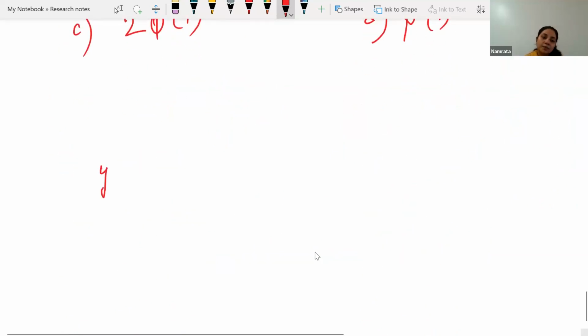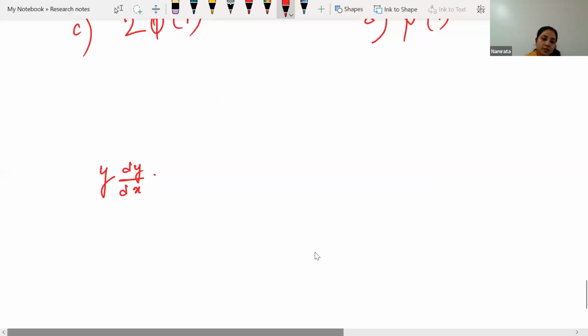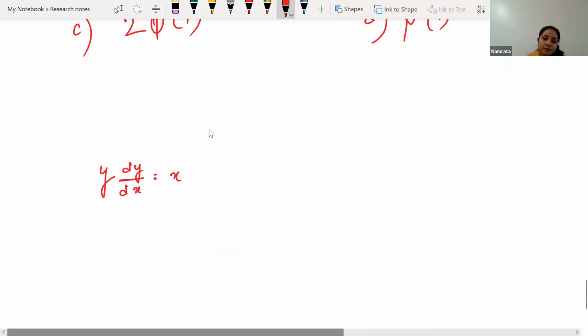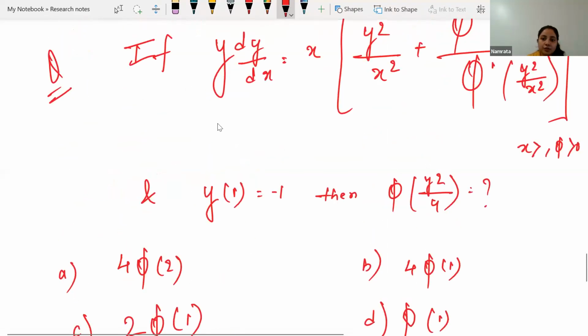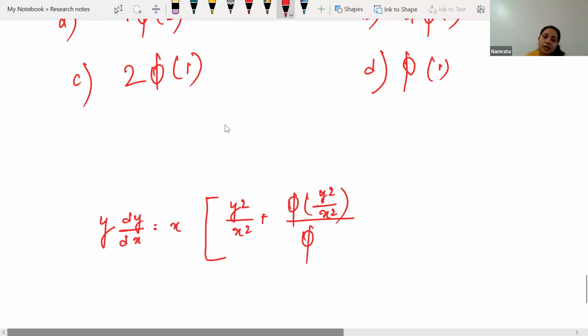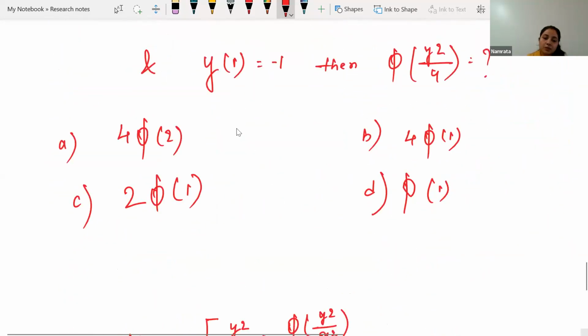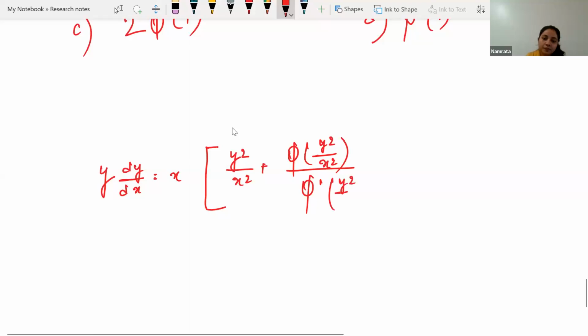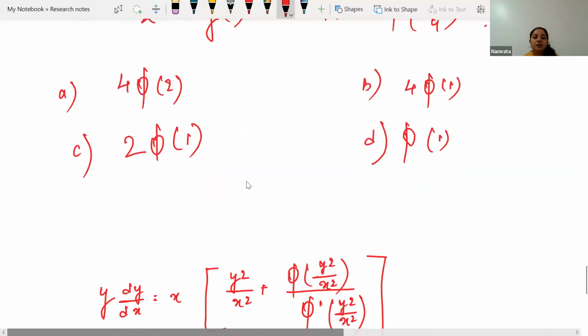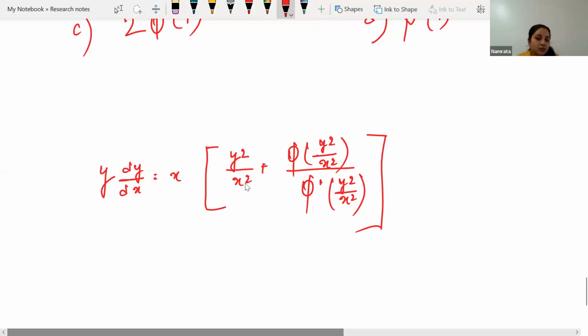So we have y dy dx is equal to x, y square by x square plus phi of y square by x square over phi dash y square by x square. So here we have phi of y square by x square, phi dash y square by x square. Here also y square by x square.